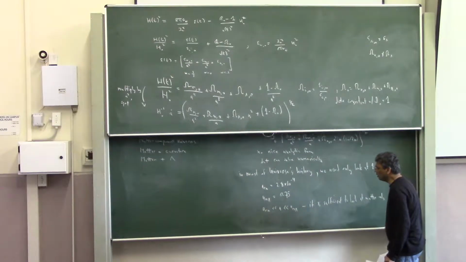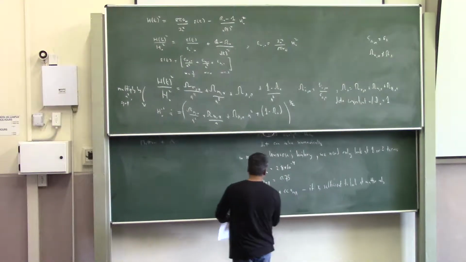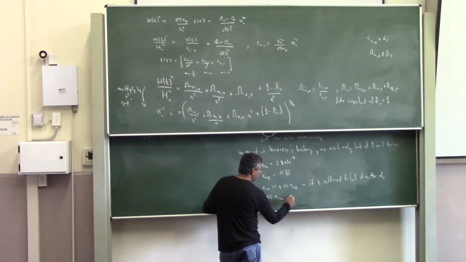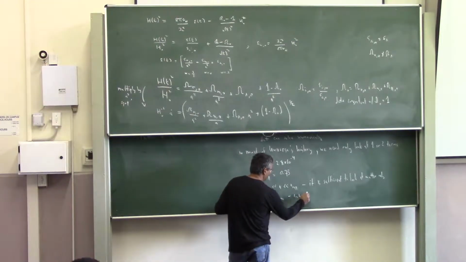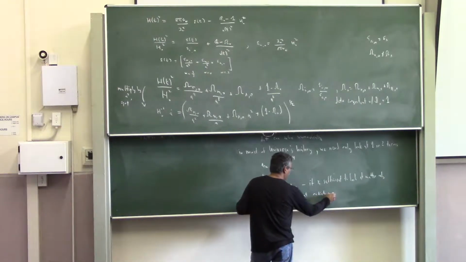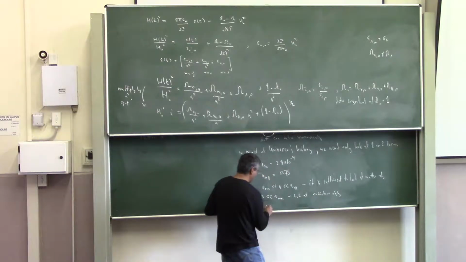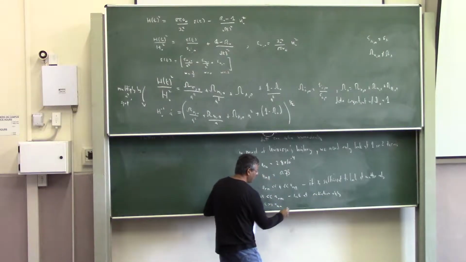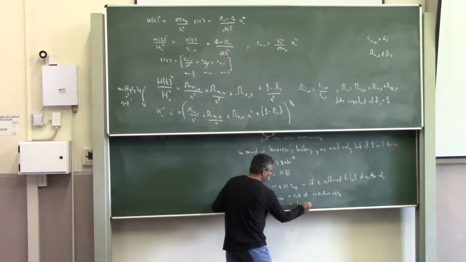Similarly, when a is much, much smaller than a_rm, we look at radiation only. And when a is much, much bigger than a_m-lambda, we look at lambda.